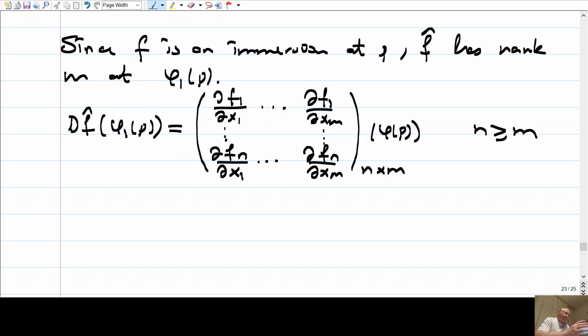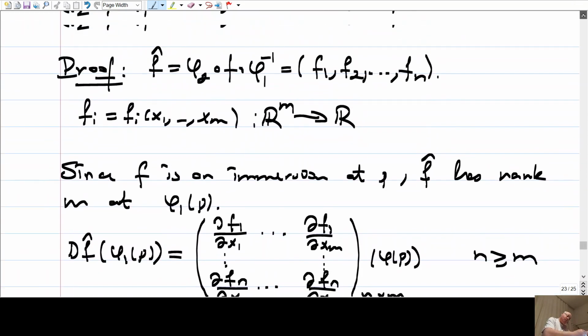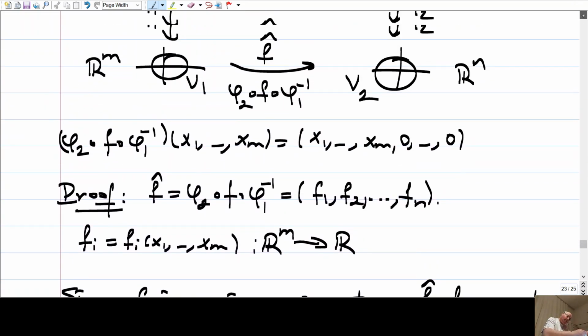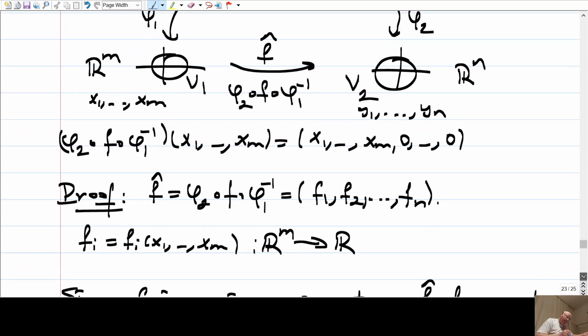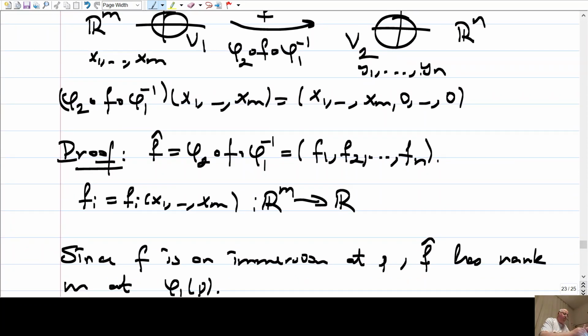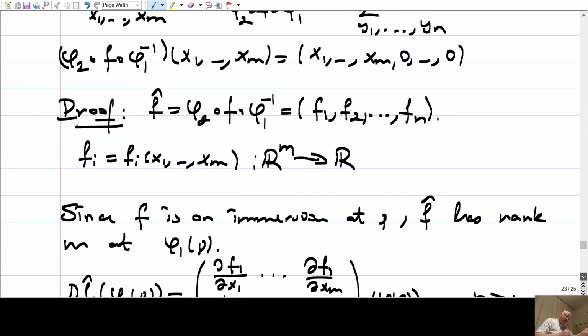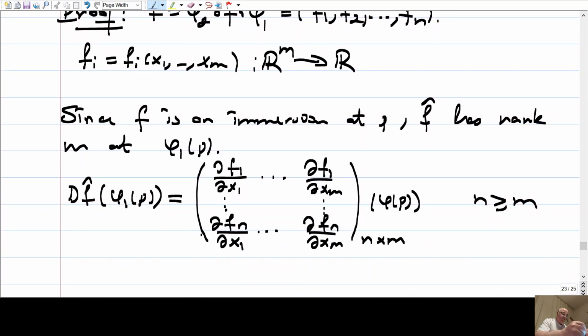But by permuting the coordinates yi's, let's say here we have the coordinates x1 up to xm, and here I have coordinates y1 up to yn, I may assume that the first m rows of this matrix are linearly independent.